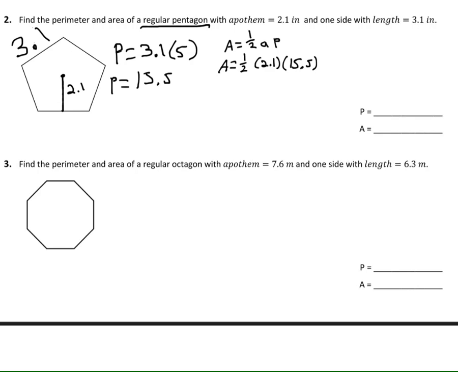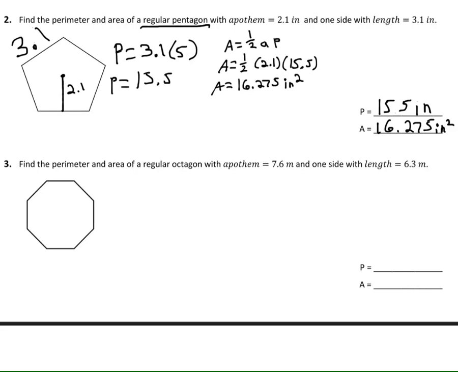If I multiply all of this out, the area of my pentagon is 16.275 inches, and remember, area is measured in square units, so it's inches squared. So my perimeter is 15.5 inches and my area is 16.275 inches squared. Perfect.